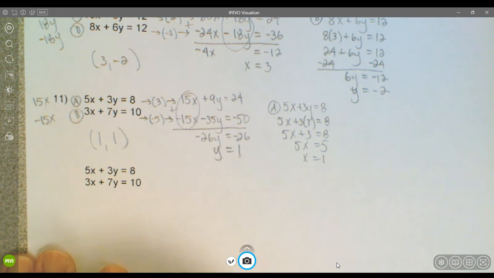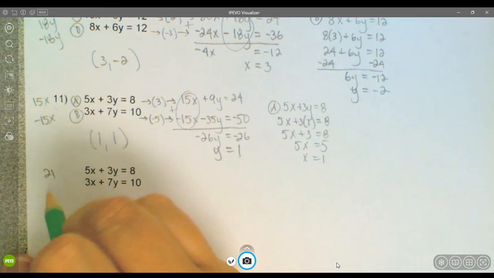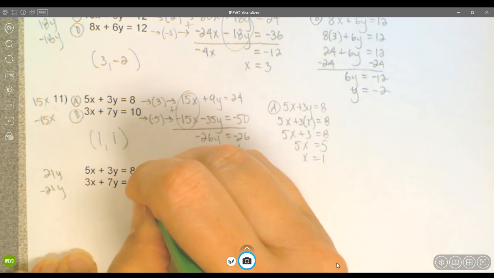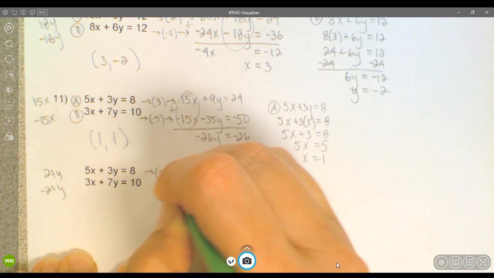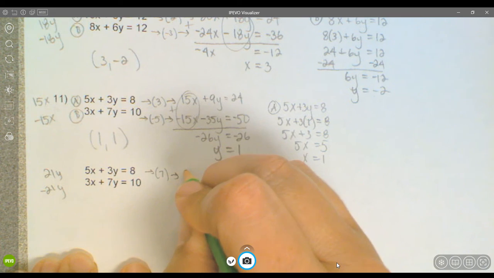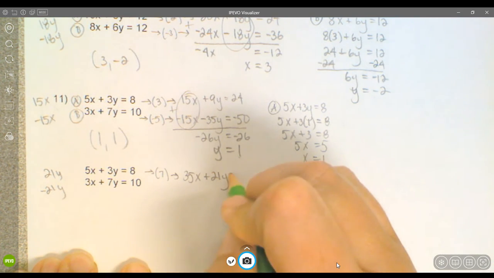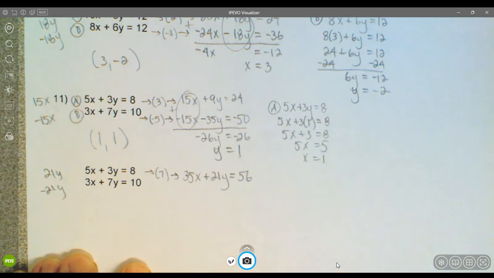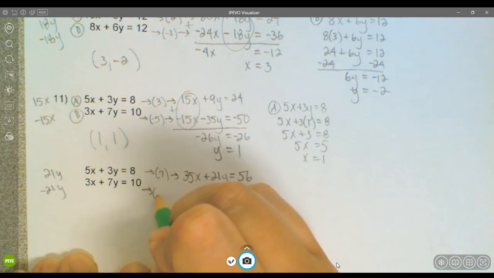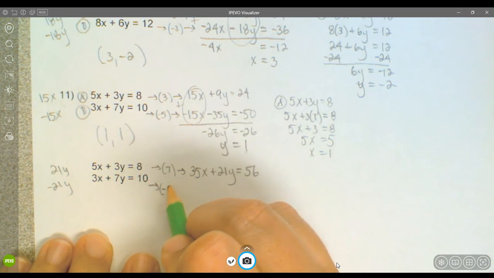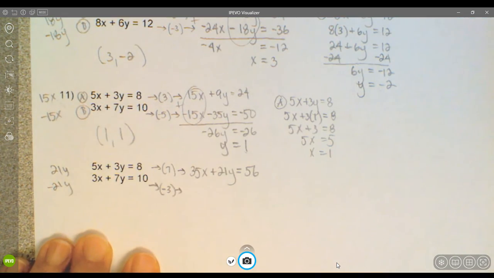If you chose to eliminate y, you would want 21y and negative 21y. So the top equation would get multiplied by 7, and you'd have 35x plus 21y equals 56. The bottom equation, in order to make this negative 21y, you would multiply by negative 3.